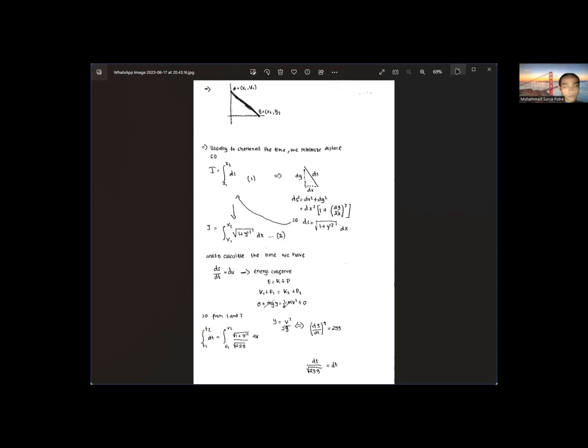Wait, this is like the n function. Okay, we have the n function already. And then the integral function. Okay, this is a little bit of a mistake.